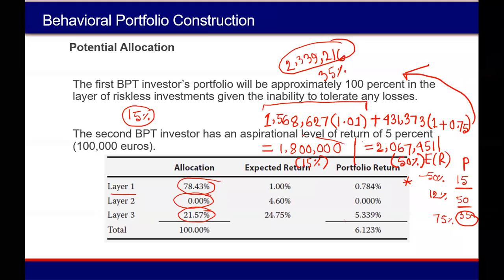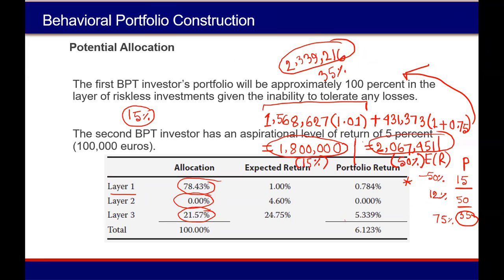Now we want to check whether his aspirational level for return and risk can be satisfied by this possibility. First of all, we see that in any case, his portfolio is at least above 1.8 million.